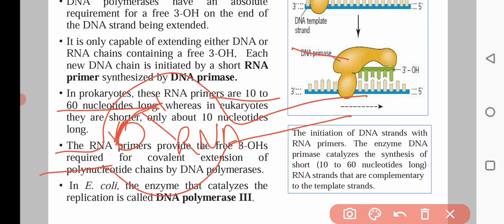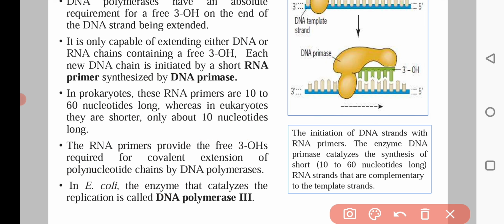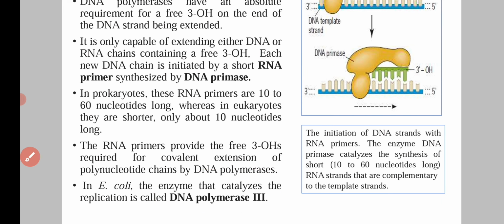In this primer a free 3' OH group will be there, and now DNA polymerase will come and start extending this RNA primer. So what is the work of the RNA primers? They provide a free 3' OH group to the DNA polymerase. And in E. coli, the DNA polymerase III enzyme carries out the complete DNA synthesis, or DNA replication, after DNA primase synthesizes the RNA primer.